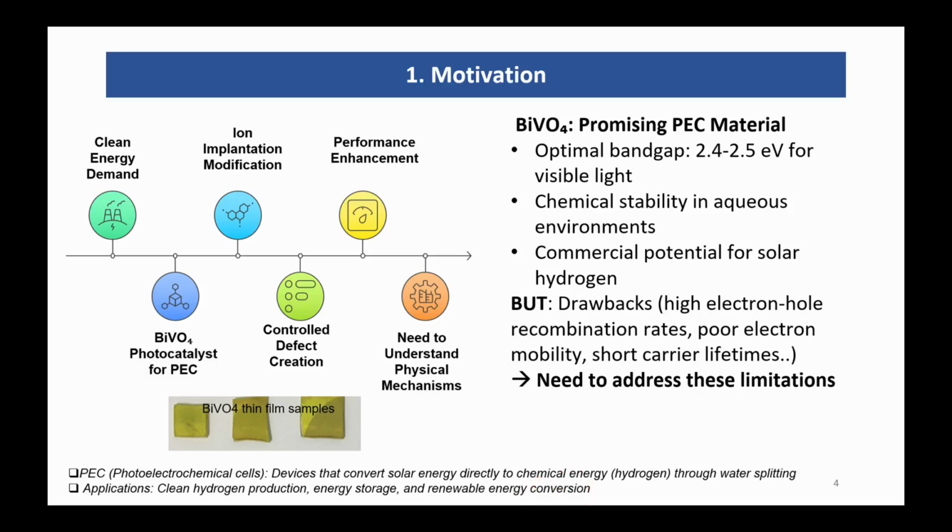Bismuth vanadate is one of the promising materials for this technology, with a small band gap, which means it can absorb visible light, that is, sunlight. It also has chemical stability in aqueous environments, and it is potentially commercial for solar hydrogen because it's very cheap.